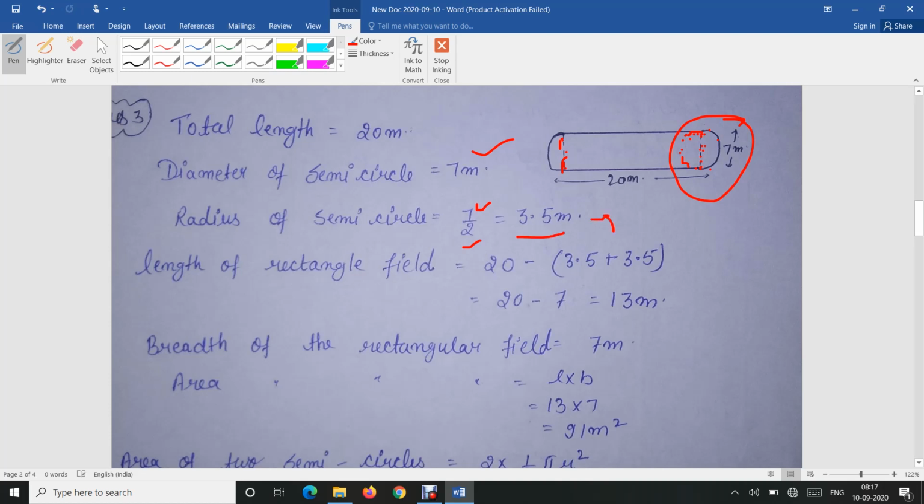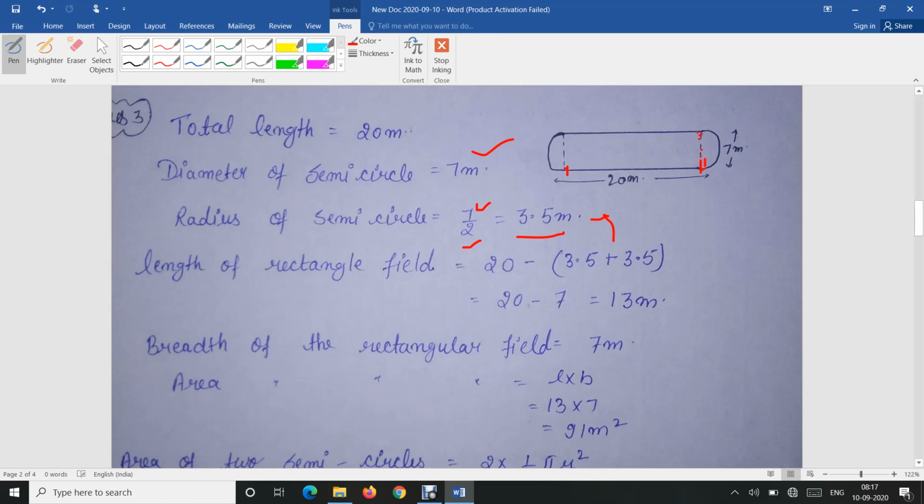that is equal to 3.5 meter. After that we need to find the length of the rectangle, because this length that is given is the complete length of this figure, and we need to find the length from this point to this point. For that there is one thing that you have to focus on: this is the diameter of the semicircle and the radius of this semicircle is 3.5 meters.